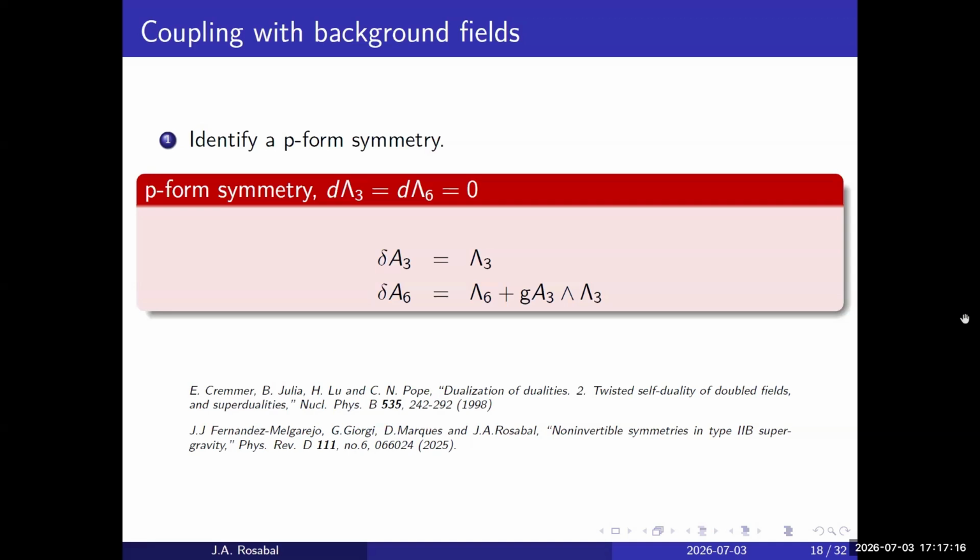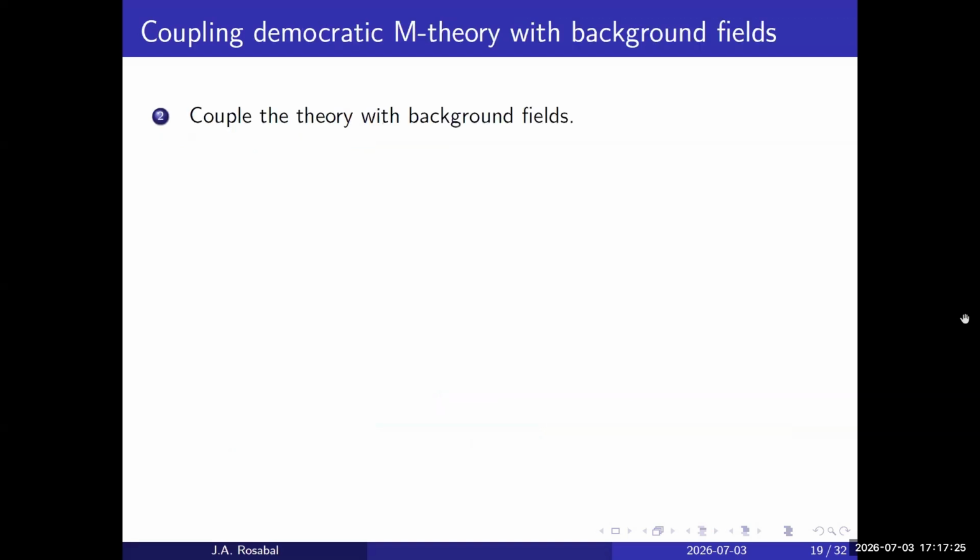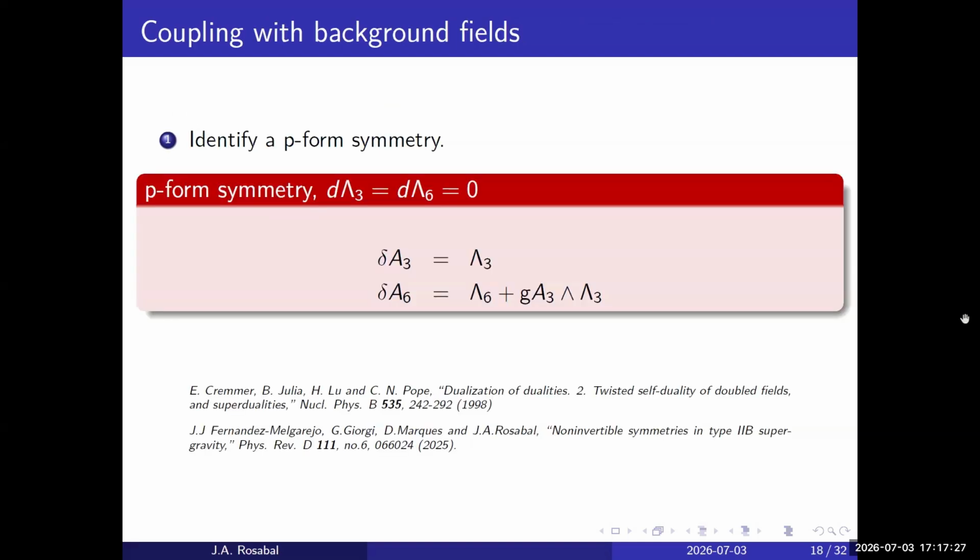It can be found in this paper or in this one related with non-invertible symmetries, but this is a higher form symmetry, and it's the one that we use to relax this condition and couple the theory with the background fields.